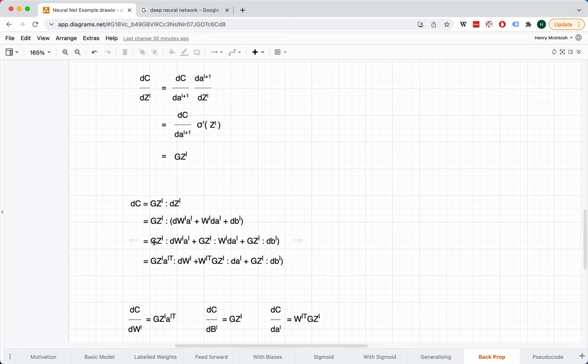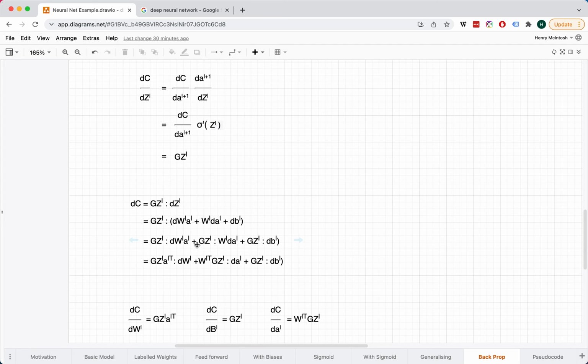We've got the gradient with respect to ZL, inner product with the derivative with respect to WL times AL, and then the other way around, the WL times DAL, and then this bias term here as well.